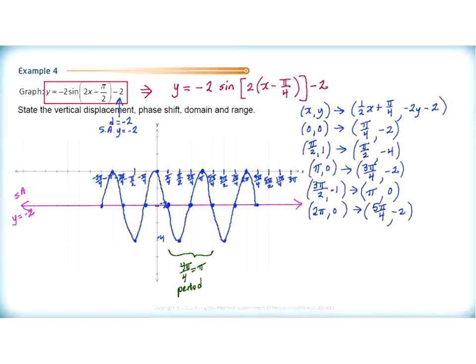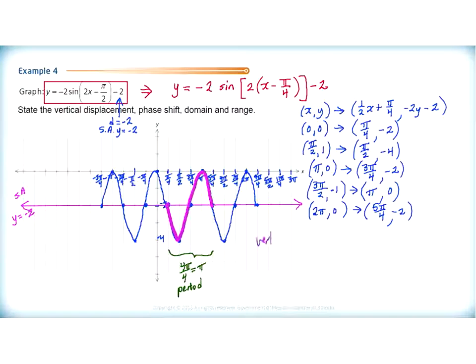But the region that I want to highlight is the region between pi over 4 and 5 pi over 4. That represents the transformed section. So in this case, we can now state what the vertical displacement is.